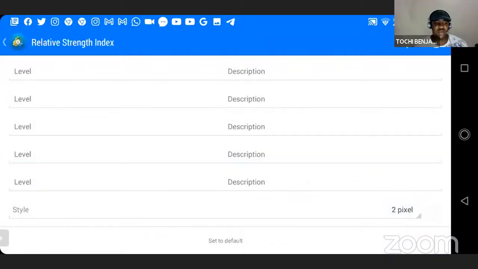Okay, now I've done that. Have you seen it now? It is empty. Yours might just be a default of 20 and 80, or 30 and 70, like I said. But I'll need to add them.